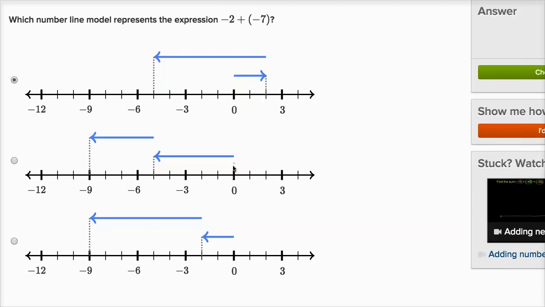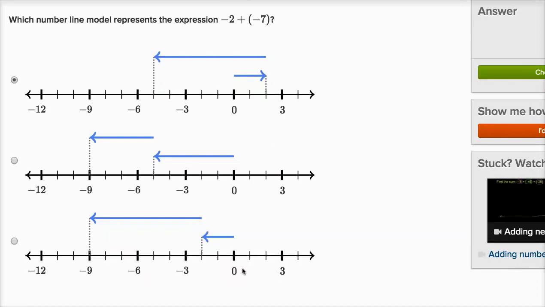This one right over here, this first arrow, it's going 1, 2, 3, 4, 5 to the left of 0. So starting at -5, and then it goes another 1, 2, 3, 4 to the left of that. So you could view this as -5 minus 4, or you could view this as -5 plus -4, but that's not what we have up here.